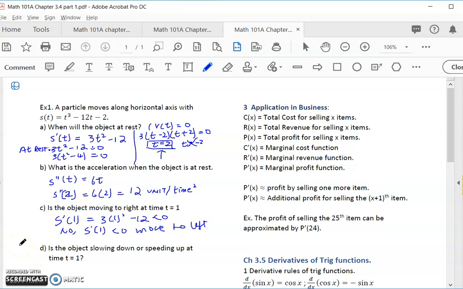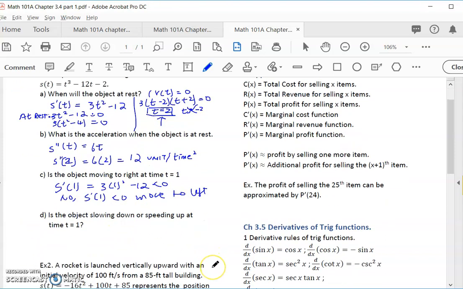Is the object slowing down or speeding up at time equal to 1? We already know that s prime of 1, the velocity, is negative, but what about a of 1, which is s double prime of 1? The function is 6t, so 6 times 1 equal to 6 is positive. So the acceleration is trying to move in the right direction, but at the same time your car is actually moving to the left. So are you slowing down?